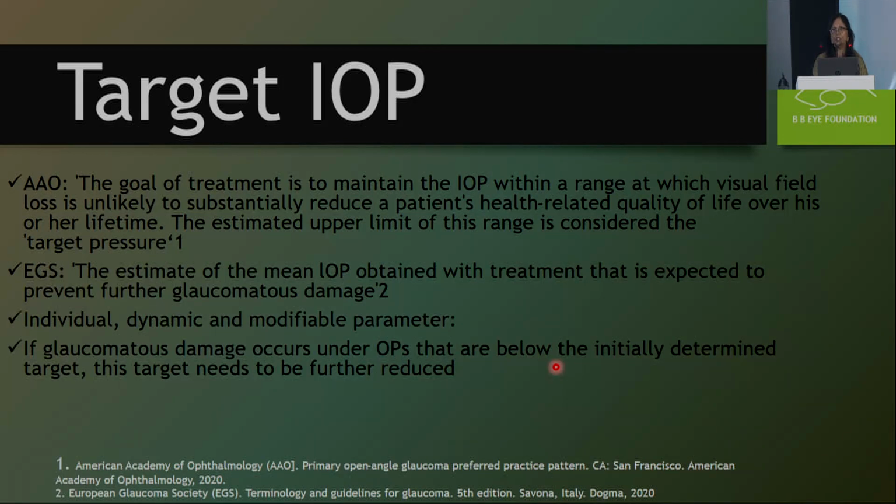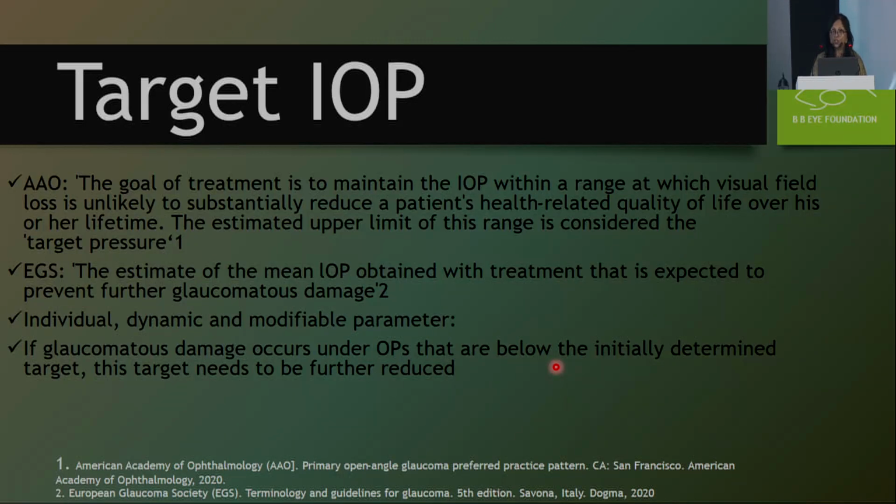Next, we move on to target intraocular pressure. The American Academy says that the goal of treatment is to maintain the IOP within a range at which visual field loss is unlikely to substantially reduce a patient's health-related quality of life over his or her lifetime. The estimated upper limit of this range is considered the target pressure. That's from the American Academy, and the European Glaucoma Society says that it is the estimation of the mean IOP maintained with treatment that is expected to prevent further glaucomatous damage.